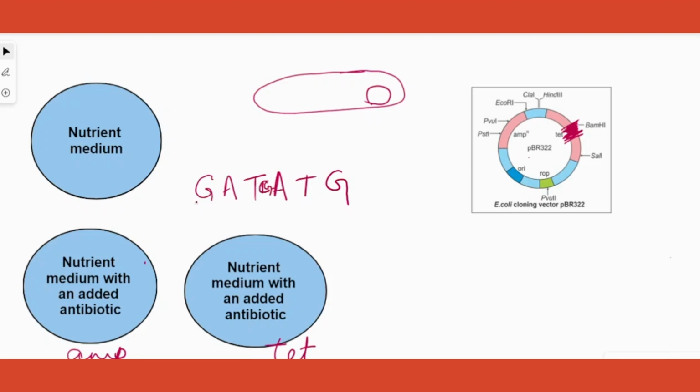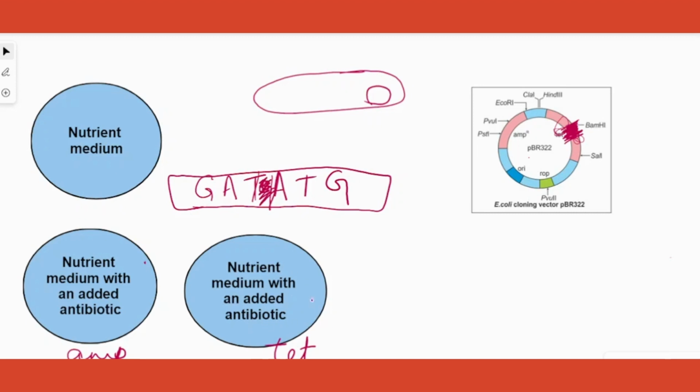What does it do? It will inactivate this, isn't it? It will inactivate the tetracycline resistance gene. This is no more the gene sequence that we need for producing the protein against tetracycline. We have some other sequence, G, A, T, C, G, A, T, G. It is useless. Right? Our gene of interest is here, which we need for the recombination.